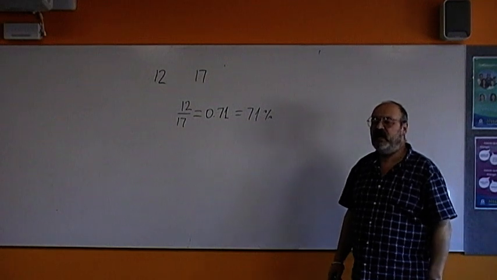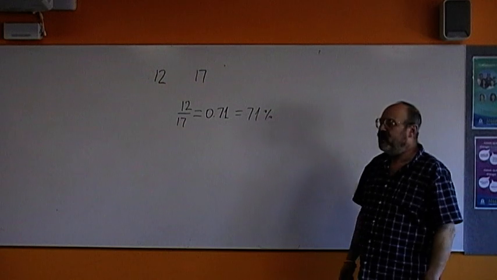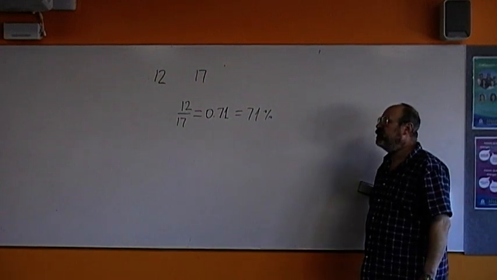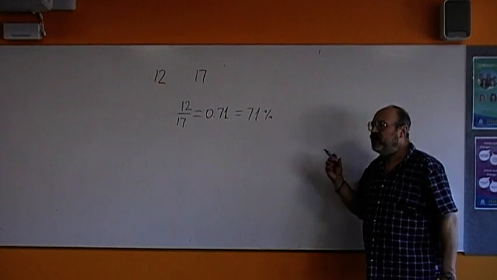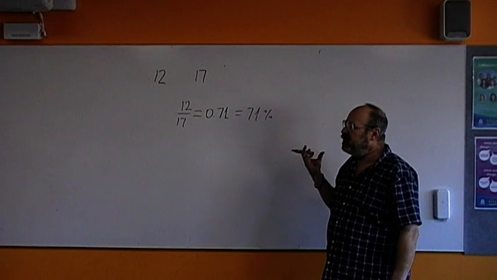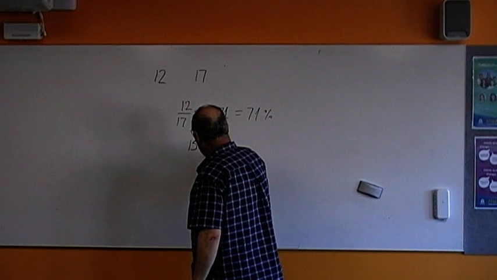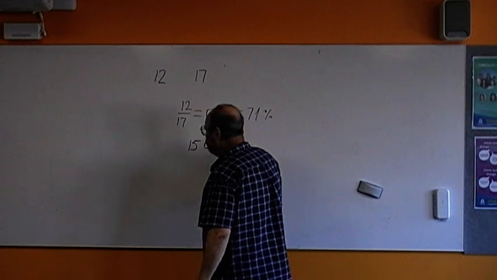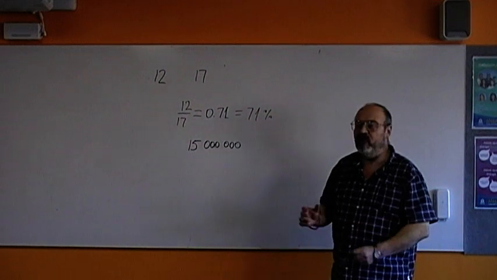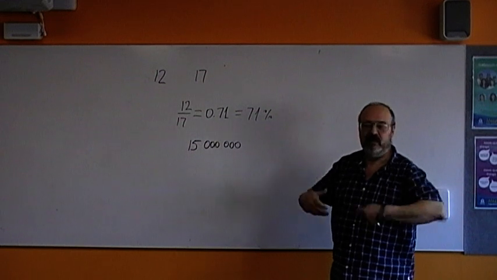One more example. In Australia, let's say the people who can vote, I'm not sure how many it is, but let's say it is 15 million people over 18 who can vote in the elections.